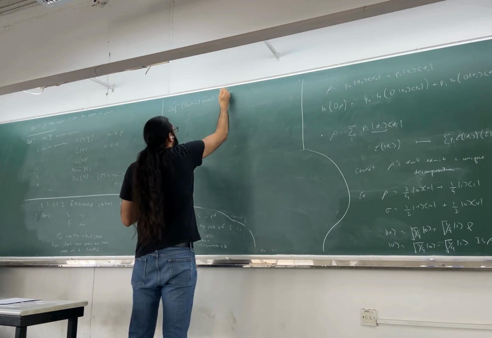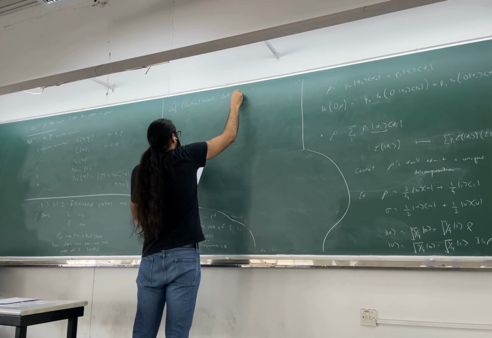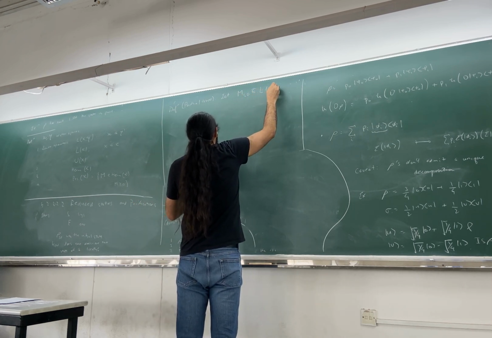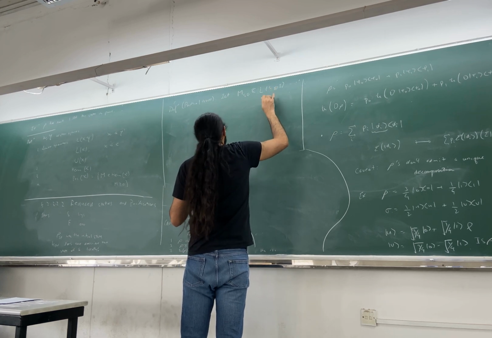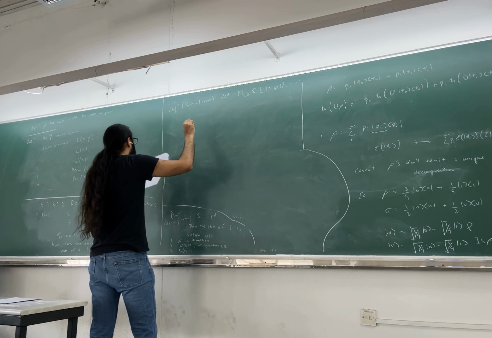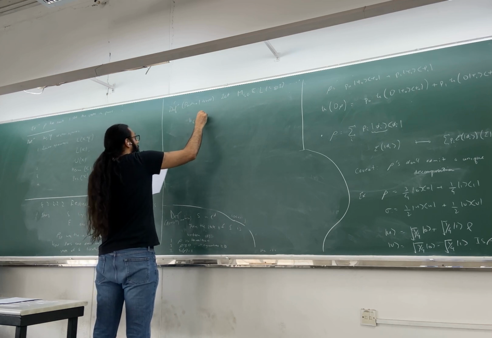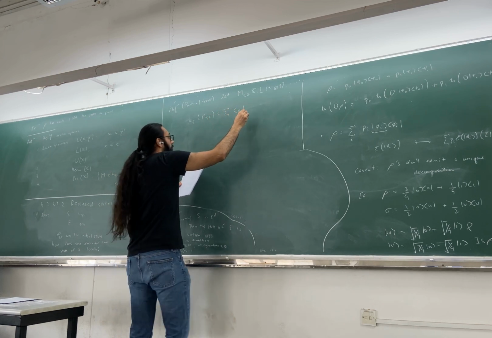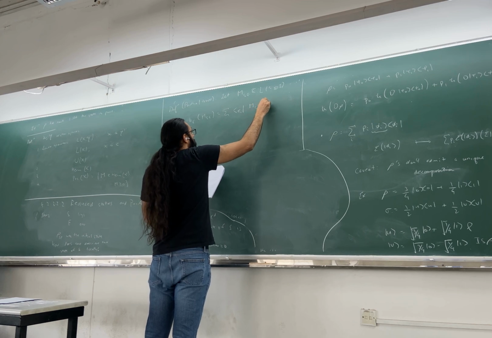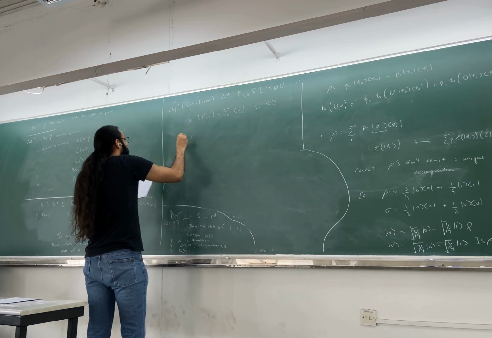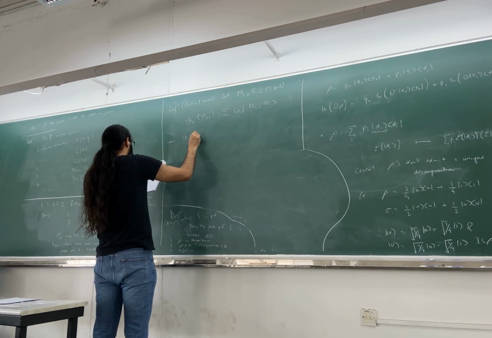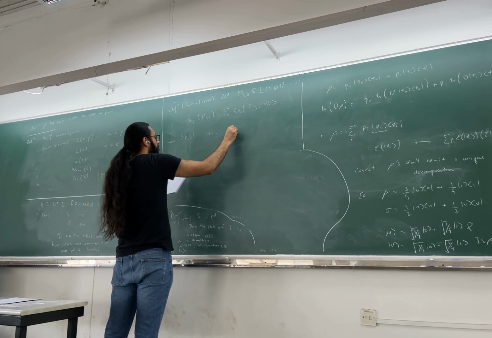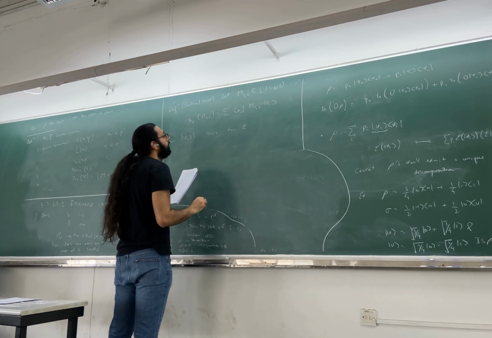Let M_SE be in L(S tensor E), so it's an operator on S cross E. We define trace_E of M_SE as follows: take the sum over i of <e_i| M_SE |e_i>, where e_i is an orthonormal basis for the environment.